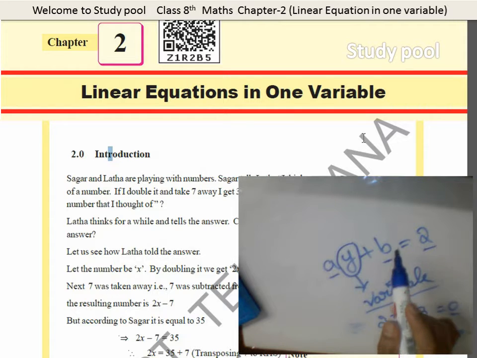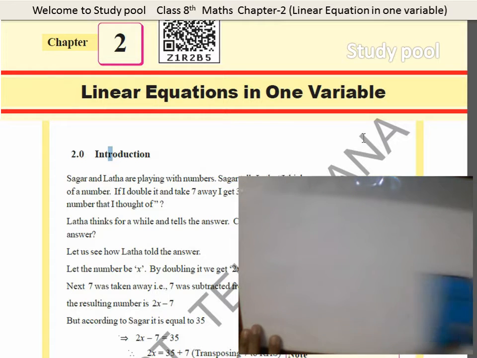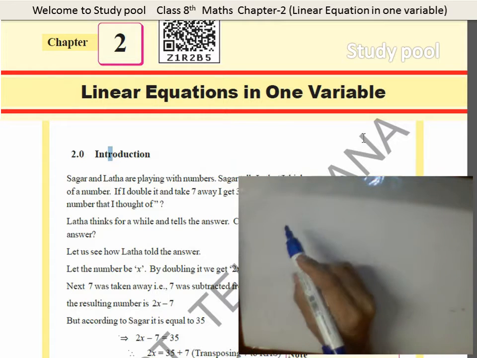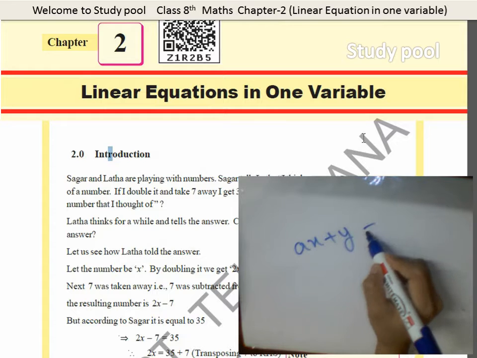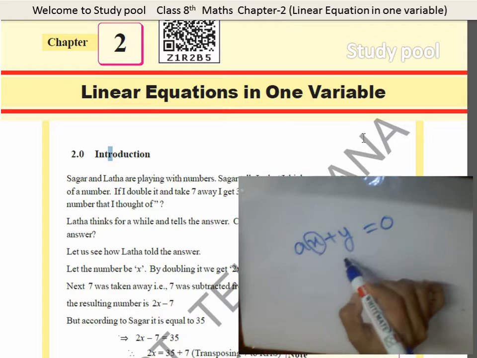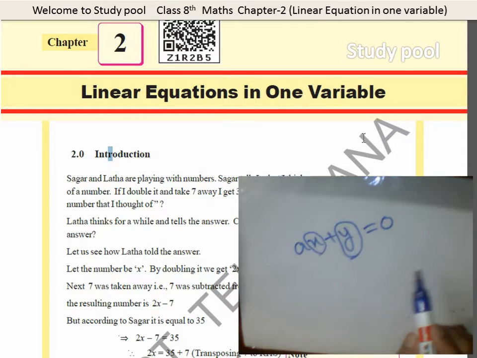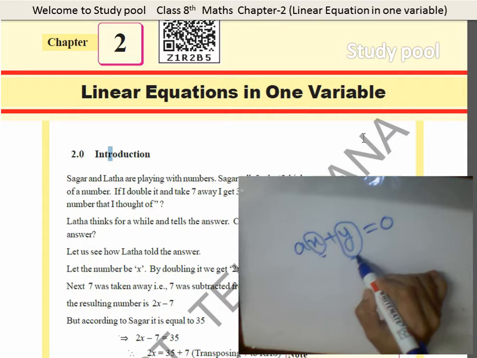Now, one variable and two variables. Here it is given one variable. What does one variable mean? If I take ax plus by is equal to 0, now if you consider, x and y, two variables are there. x is a variable, y is also a variable.